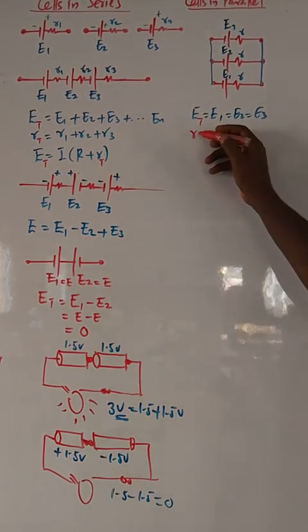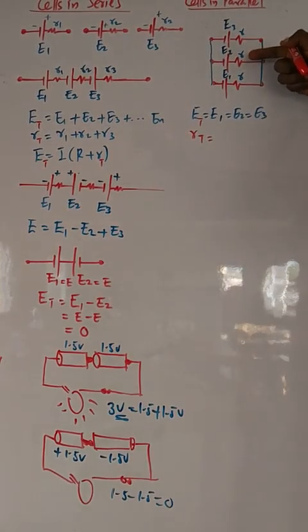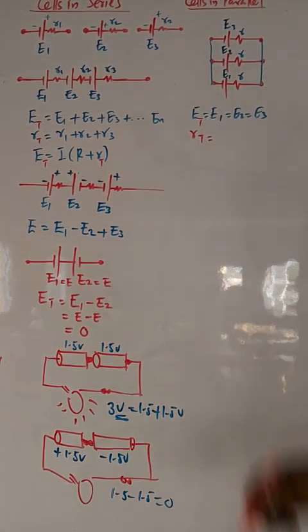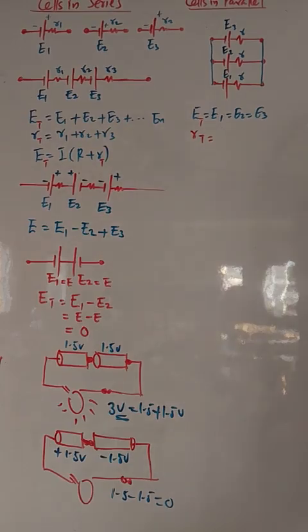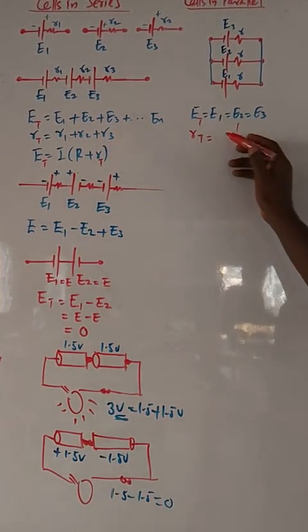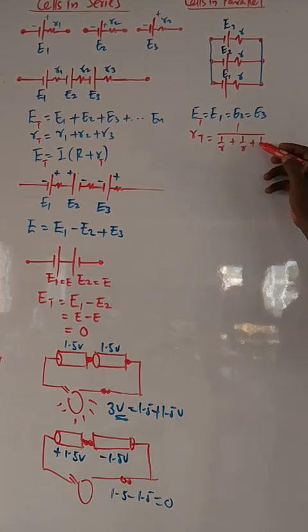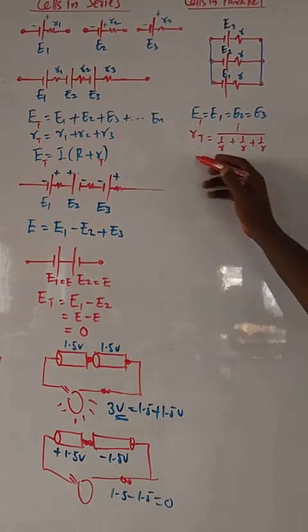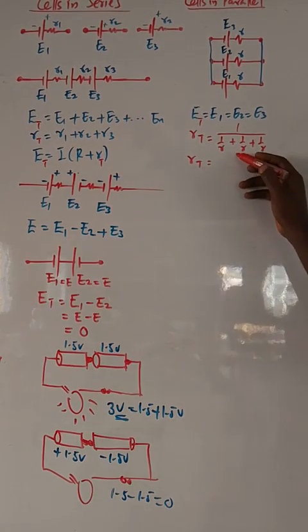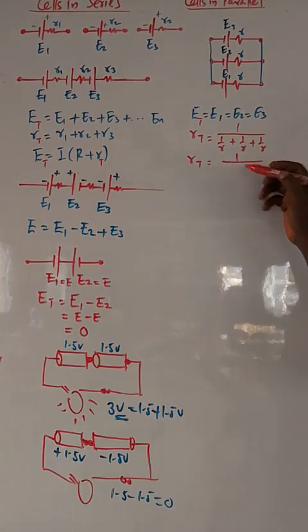Then what will be the total internal resistance? Now here we are having three resistors in parallel. Recall, for resistors in parallel, the effective resistance is what? The reciprocal of the sum of the reciprocals of the resistances. That's the formula for cells in parallel, which we've done in our last class. Here we have what? 1 over R, 3 times.